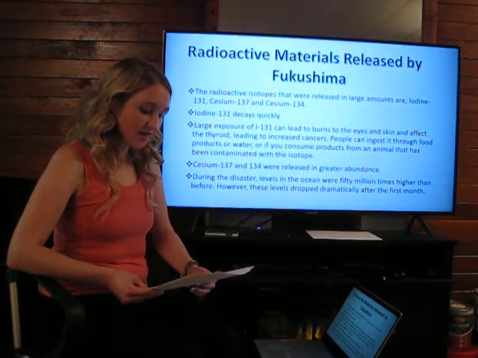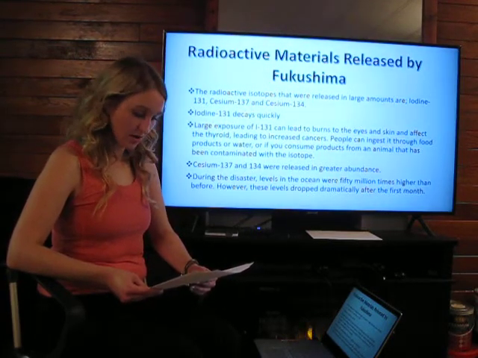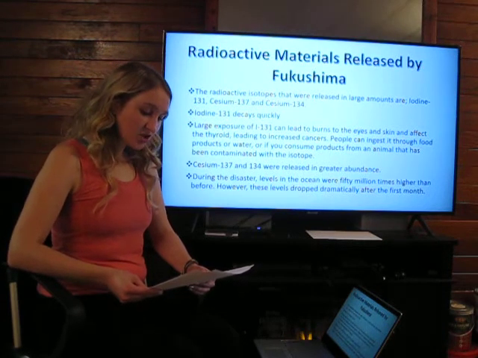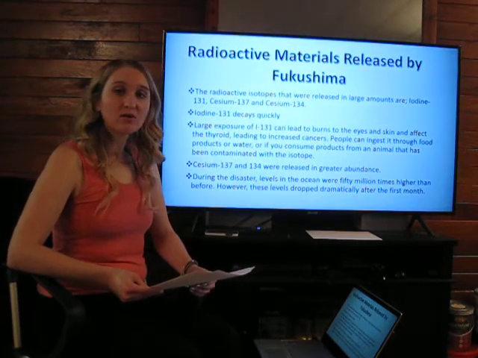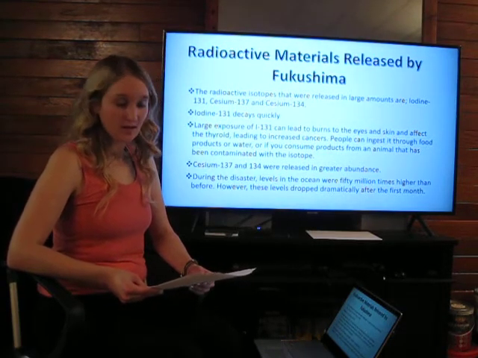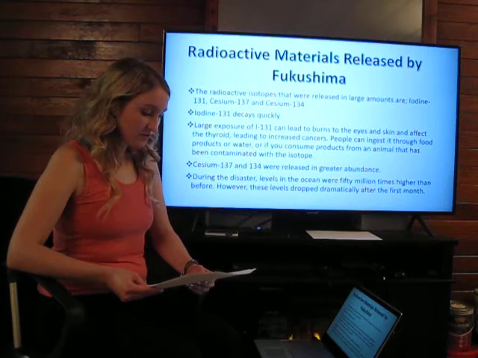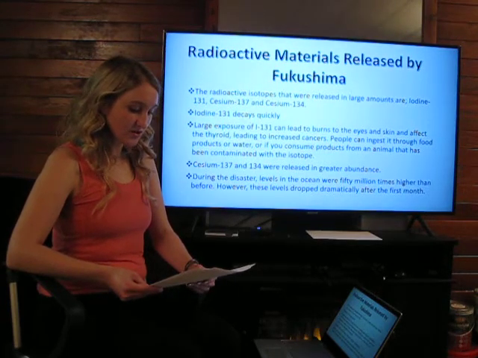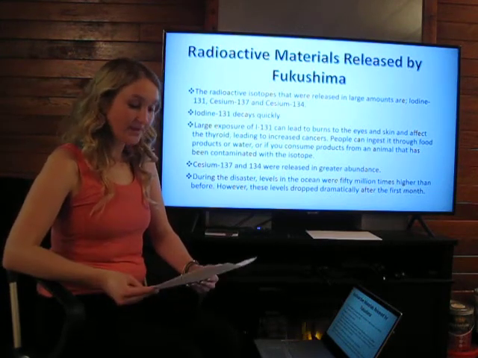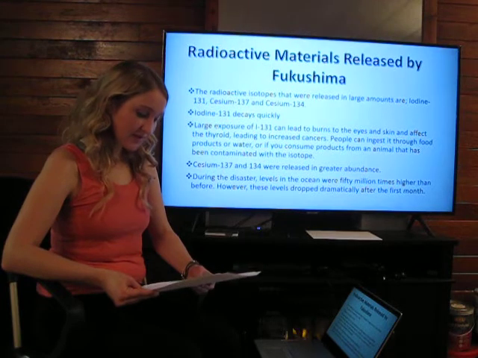At the beginning of the disaster, it was a major concern. Large exposure of iodine-131 can lead to burns to the eyes and skin, and it can also affect the thyroid, leading to increased cancers. People can ingest it through food products or water, or if you consume products of an animal that has been contaminated with the isotope.